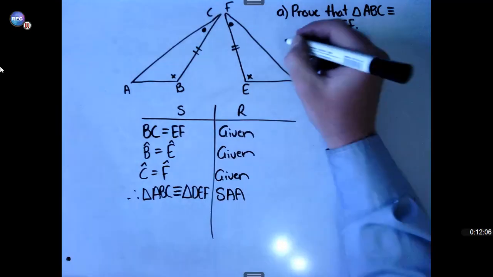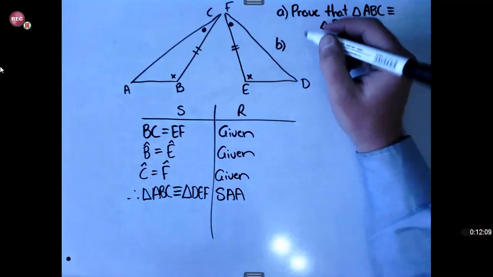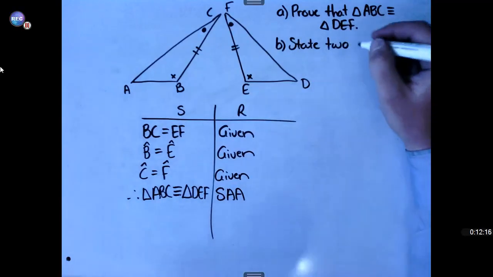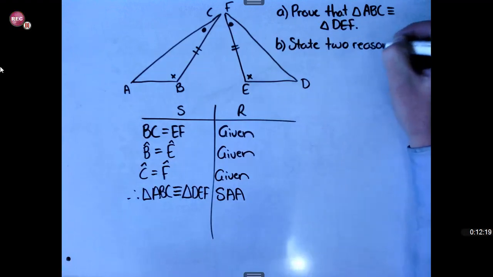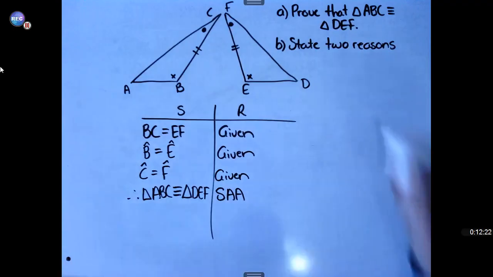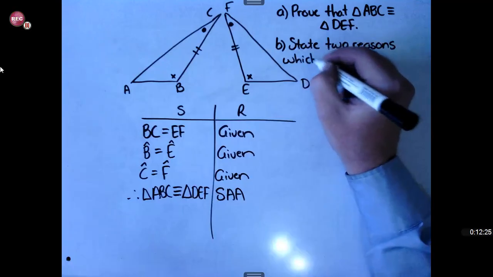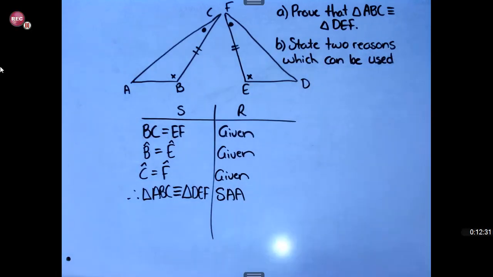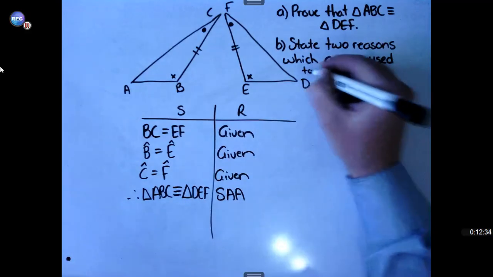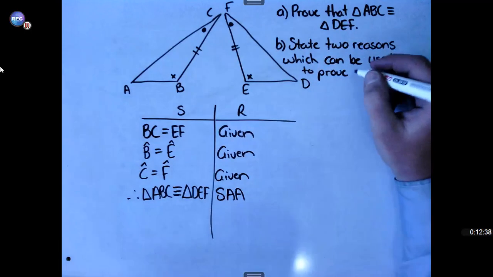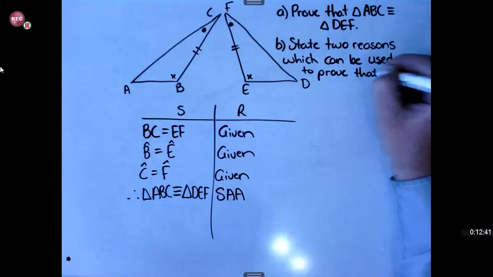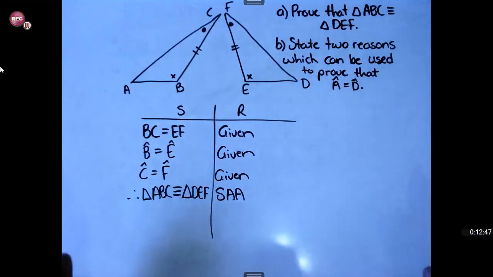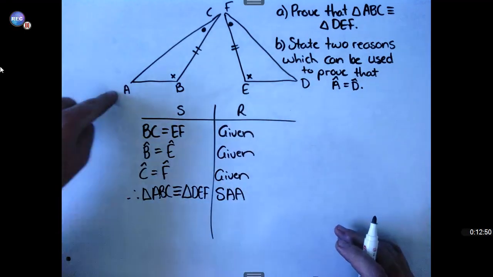So, question B. And this question says, state two reasons which can be used to prove that angle A is equal to angle D. So, give me two reasons to prove that angle A is equal to angle D.